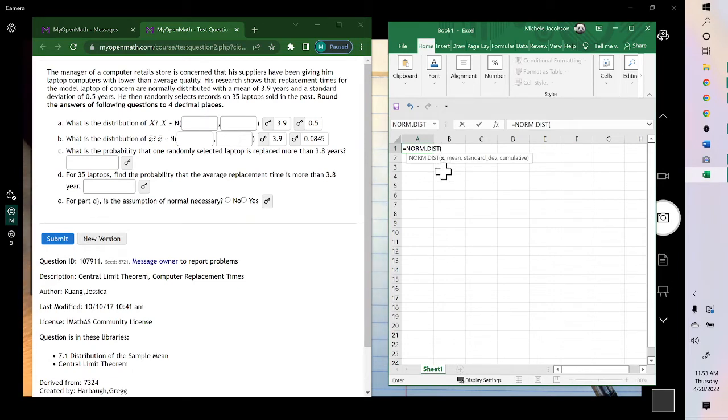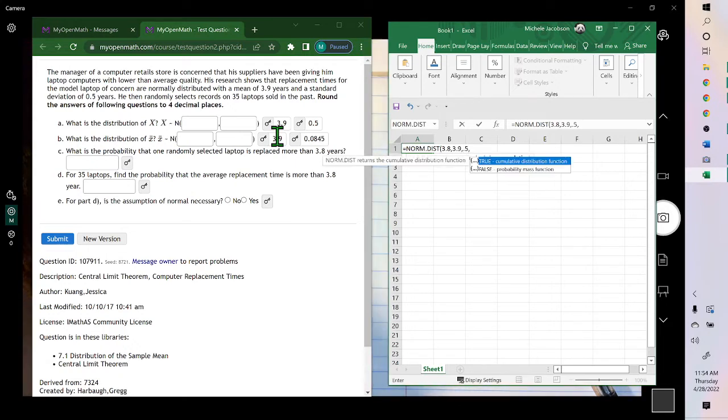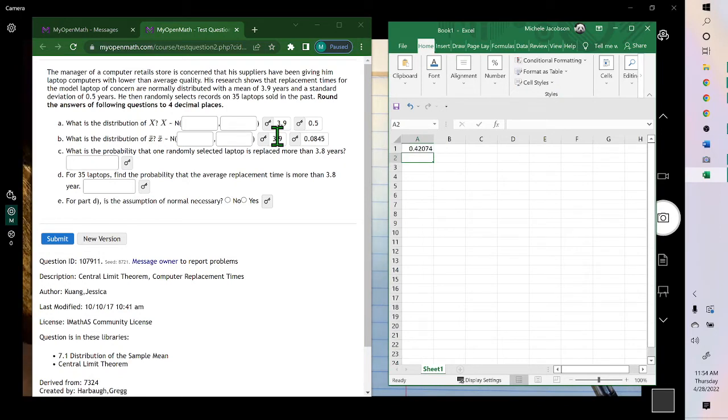You put your X value, 3.8, your mean, and this one was one randomly selected laptop, so we're using part A, 3.9, comma, standard deviation, 0.5, and then it wants cumulative. Our cumulative under the curve is 1, so you use 1 and hit enter.